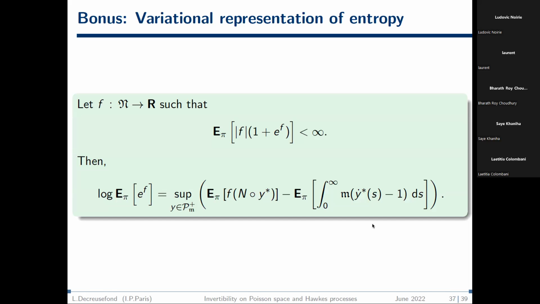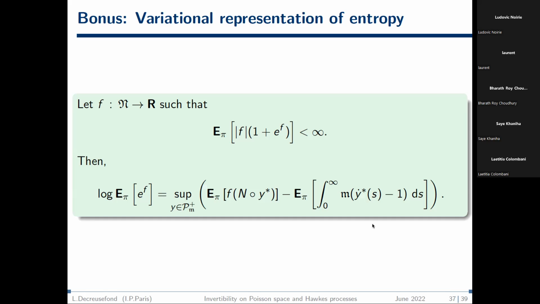There is one paper by someone called Zhang, I think, who solved it for the Poisson process, but once more, he started from the Poisson process on the line, and then he embedded it in a Poisson measure, then solved the problem in the Poisson measure, and then went back to the line.